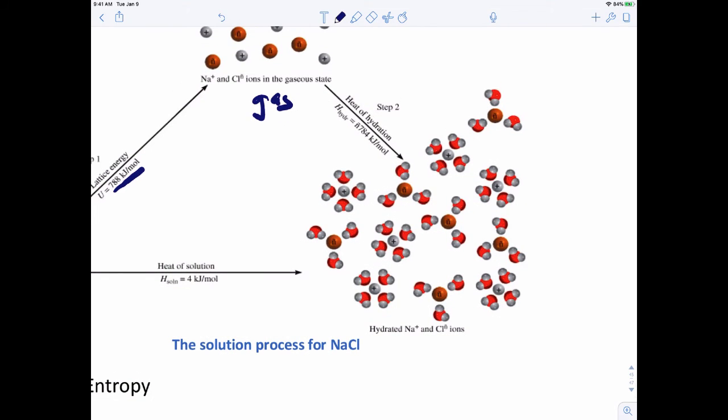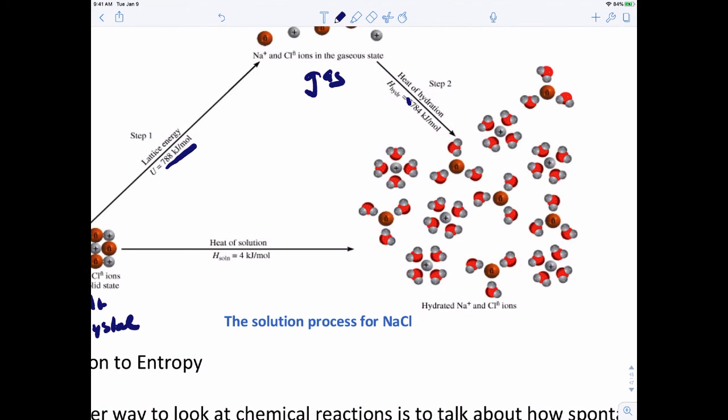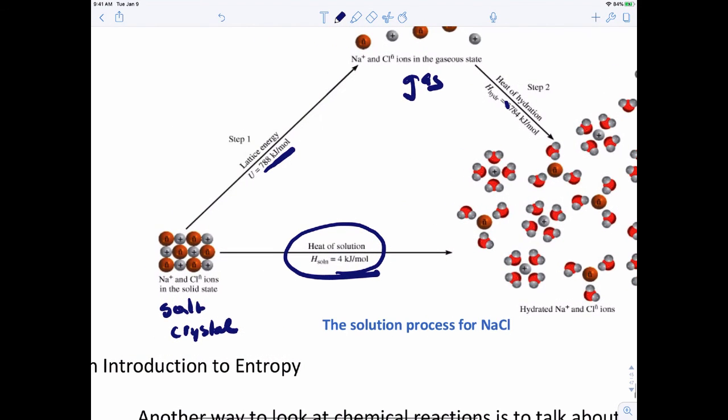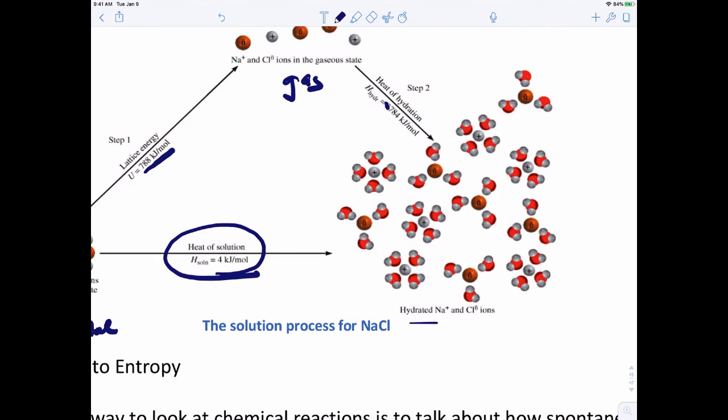The heat of hydration is a negative 784 kilojoules per mole. To get the heat of solution, we take that positive 788 and add a negative 784 to it. So the overall process, to go from the crystal by itself to all the ions hydrated, costs us a positive 4 kilojoules per mole.